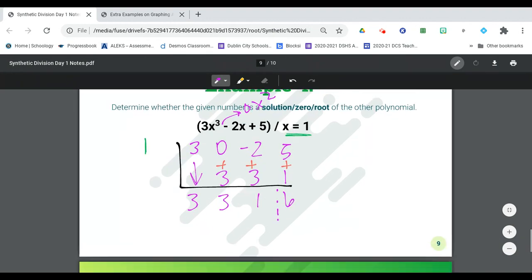So, is this a 0? Hopefully you said no, because the remainder is not 0. Okay, so no, that is not a 0, not a solution, not a root, because I got a remainder other than 0.